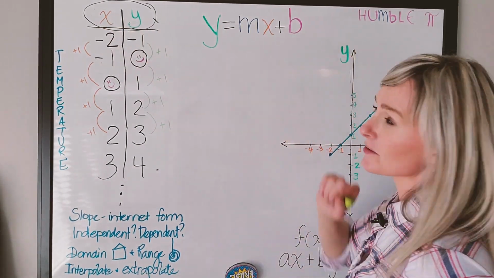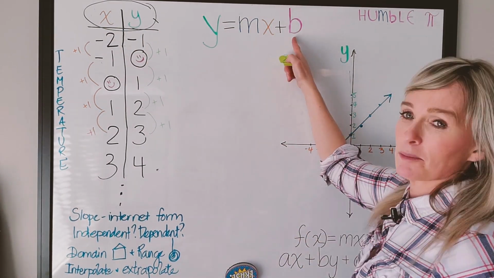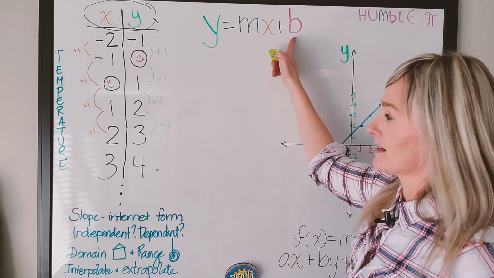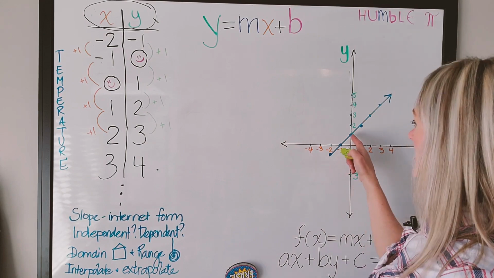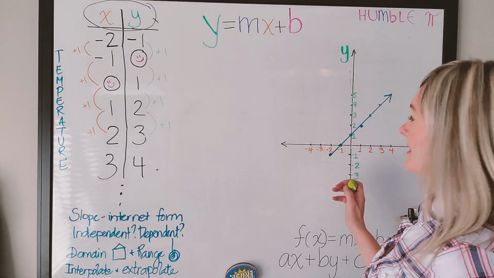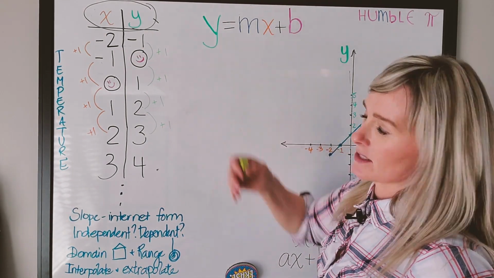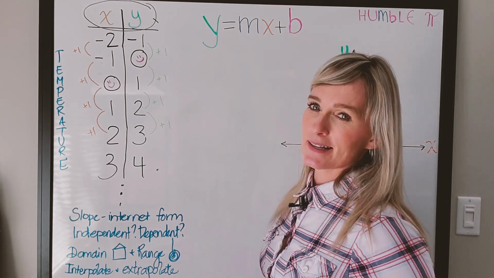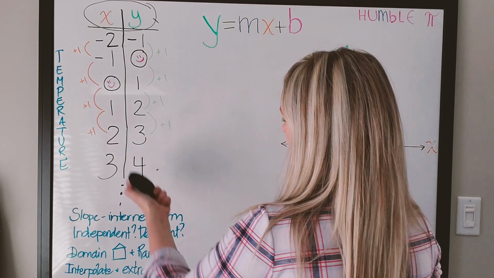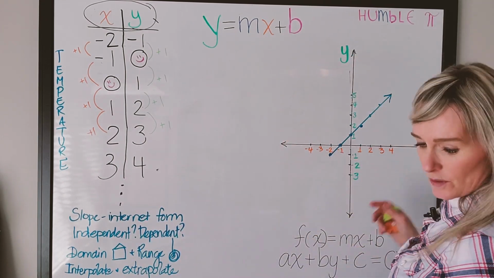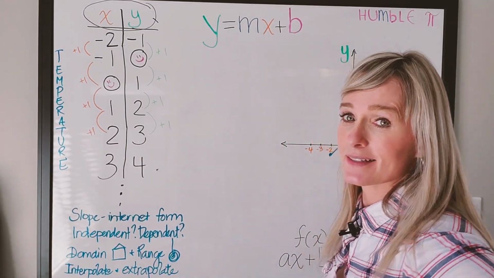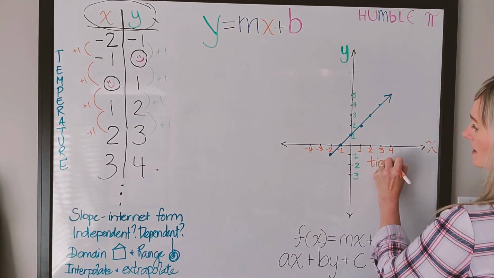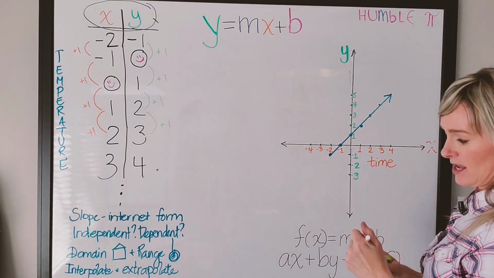Okay, so the other thing is that we talked about begin with B on the y-axis. So if we look at the y-axis, we didn't begin there. And that's the whole point of going through this little exercise to start with. But because we're doing temperature, it doesn't make sense that we would start in the negative days. So your orange is going to represent time. And x-axis often represents time. So that's time.